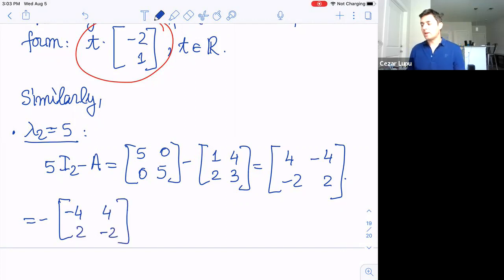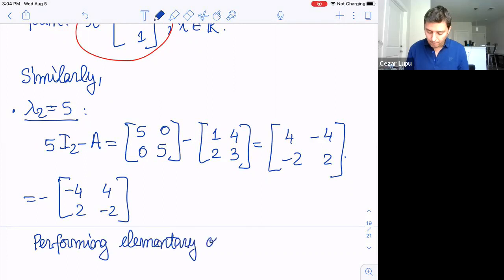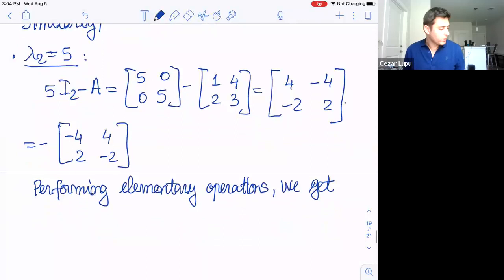So you can perform again elementary operations, and I'll leave it to you as an exercise. So performing elementary operations, what do we get? Let me see. I think I've done the computations here.